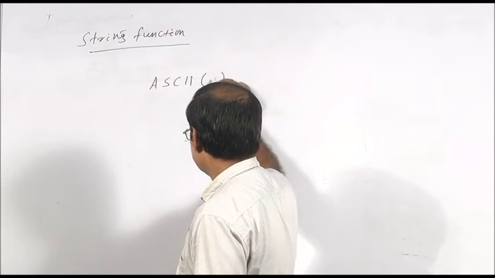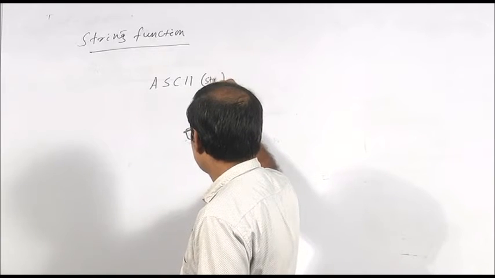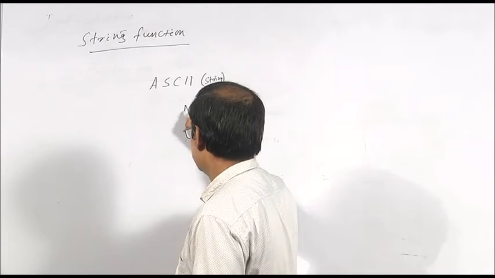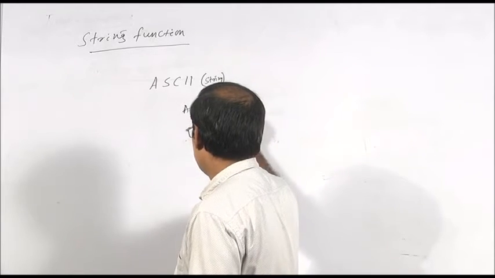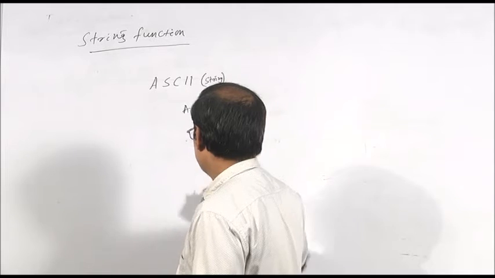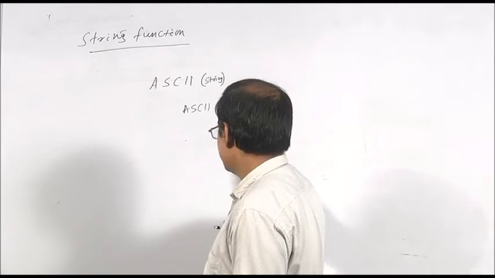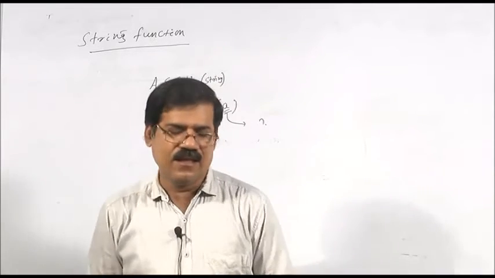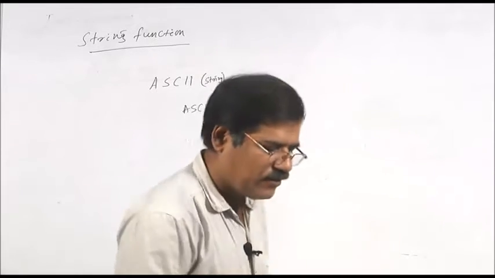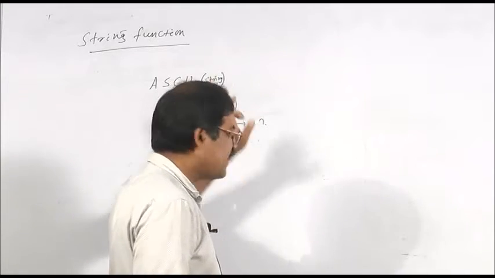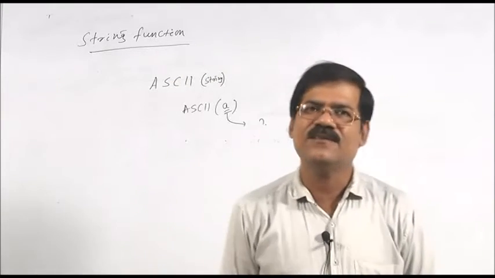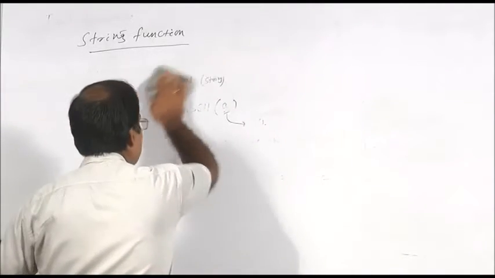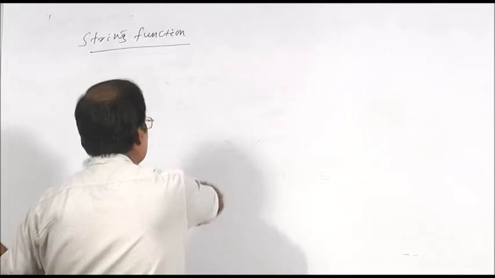The syntax is: you write a string here. A string or characters you may write like this. Suppose ASCII of A. A is a character, and its ASCII value will be shown on the screen. If you write a string, the ASCII value of the first character of the string will be returned. The ASCII equivalent of a particular number or character will be shown.